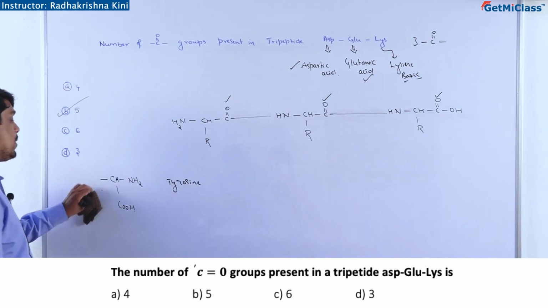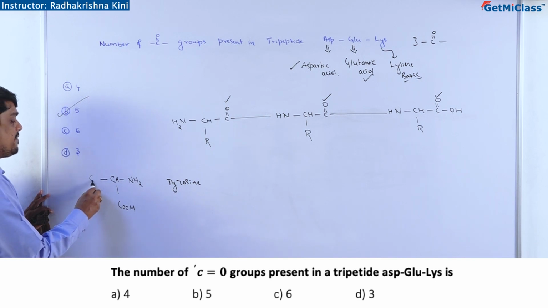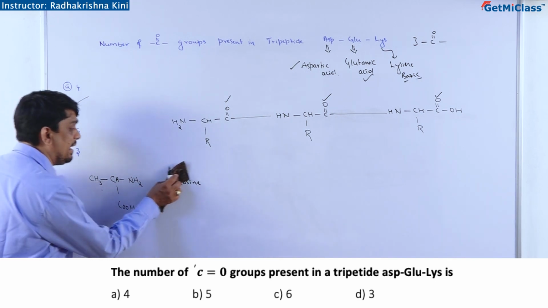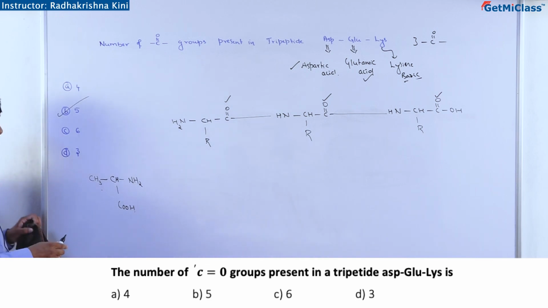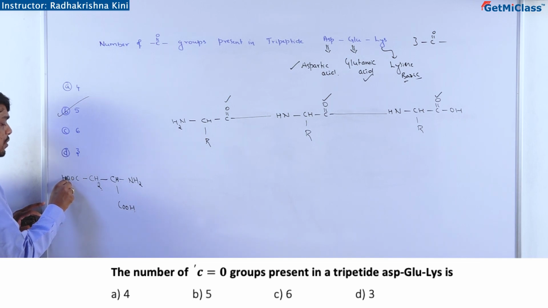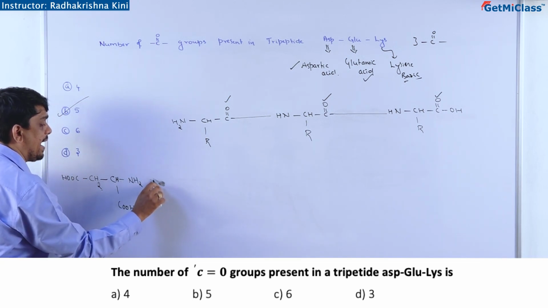Now let me go ahead. In the place of R I will place methyl. I know this is alanine. Now what I will do is replace one H by the COOH group. Now it has become aspartic acid.